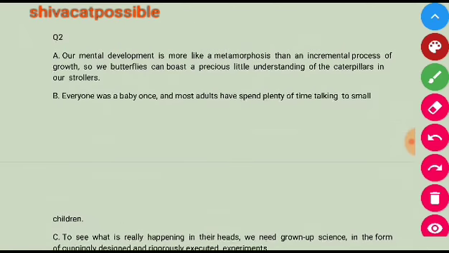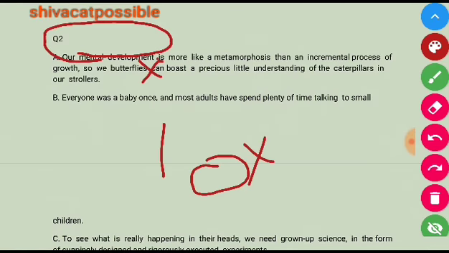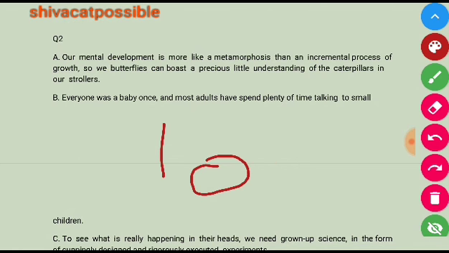Okay. And option A: our mental development is more like a metamorphosis than an incremental process of growth. So butterflies can boast a precious little understanding of the caterpillars in our strollers. Okay, it can be our mental development.